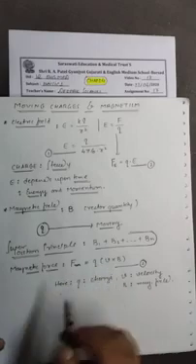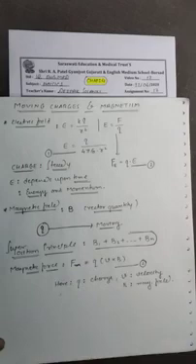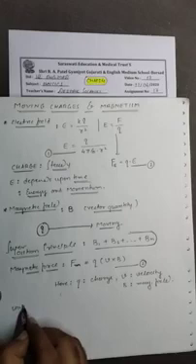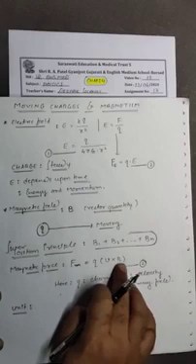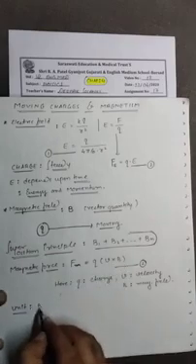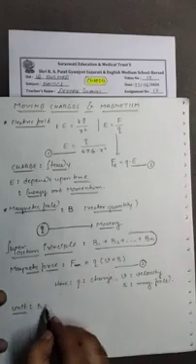Why? Because with the help of this equation, we are going to find the unit as well as the dimension formula of magnetic field. So from this equation number 2, make B the subject.